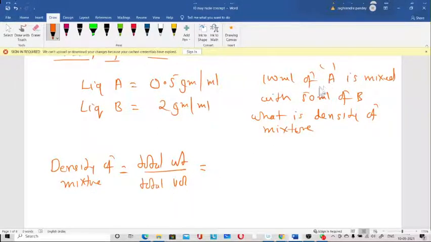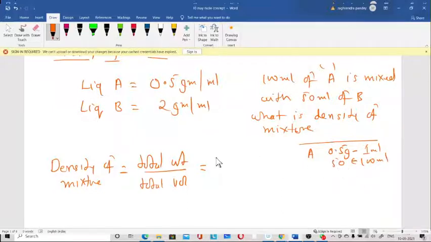So let's solve it. Density of A is 0.5, which means 0.5 gram is there in 1 ml. So in 100 ml, how much is the weight? That is 50.